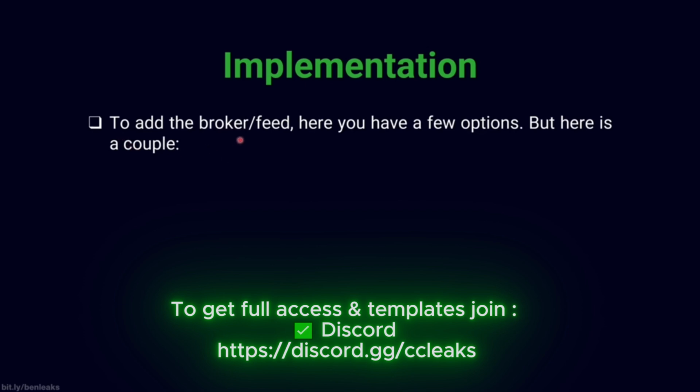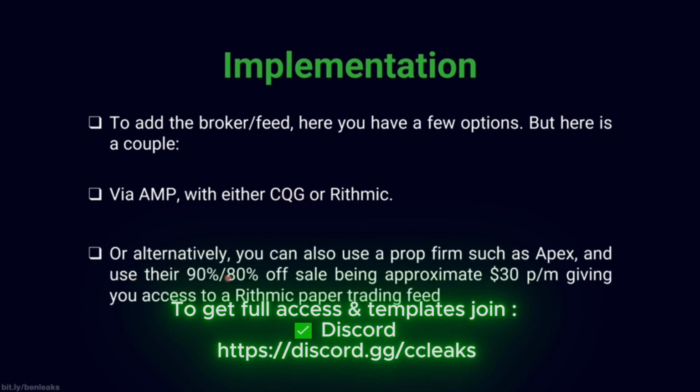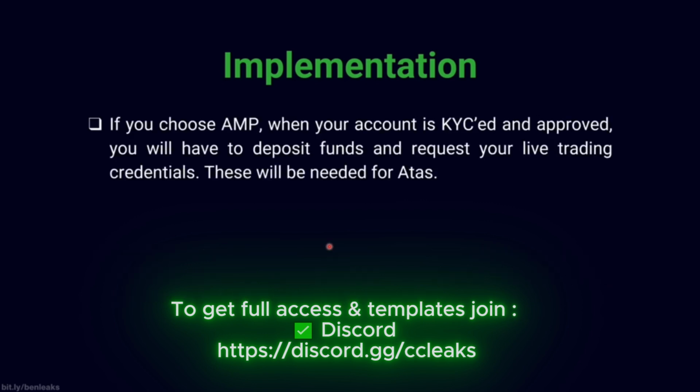To add the broker or feed, you have a few options, but here's a couple. Via AMP with either CQG or Rhythmic. I'm using CQG. Alternatively, you can use prop firms such as Apex and use their 90 or 80% off sale, at approximately $30 a month, giving you access to the Rhythmic paper trading feed.